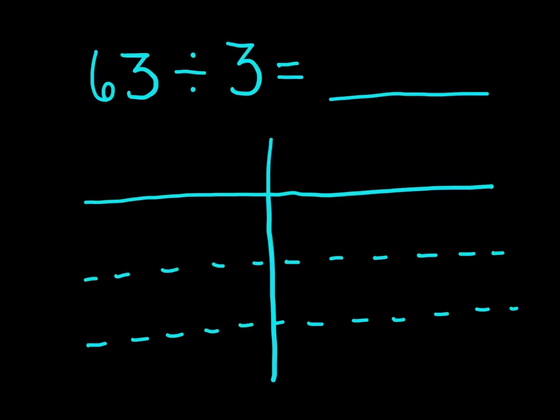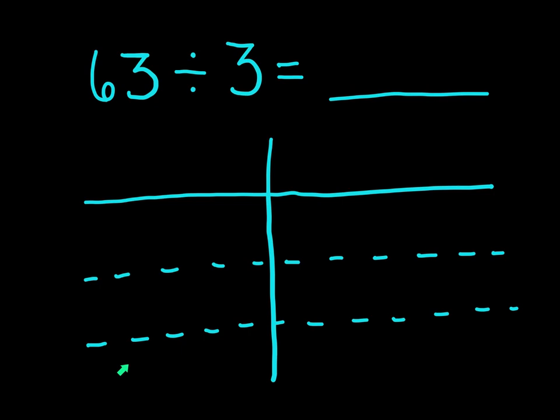This next one we have 63 divided by 3. So this is why we have 3 equal groups, because we're dividing by 3. So we're having one group here, second group here, and the last group here. And we need to take 63 and divide it up into 3 equal groups. So let's start making our place value discs.